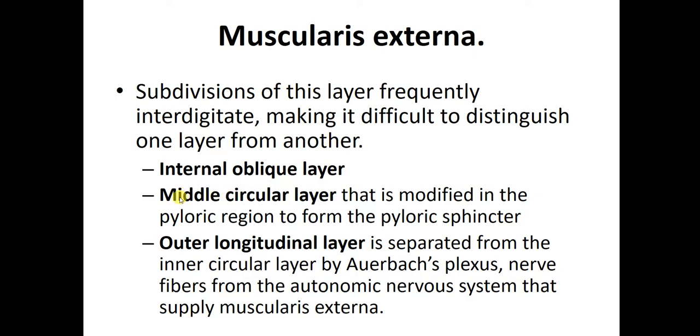But the internal oblique layer is outpouched from the middle circular layer. They sometimes interdigitate, and as written here, that makes it difficult to distinguish one layer from another. But we have no actual clue with this, so we don't have to do this.